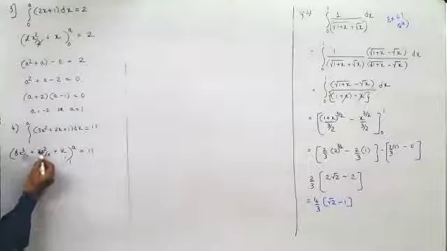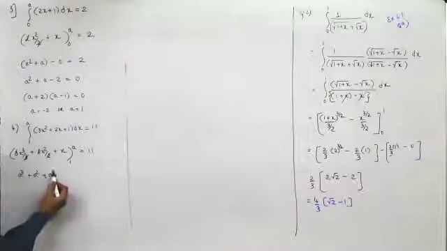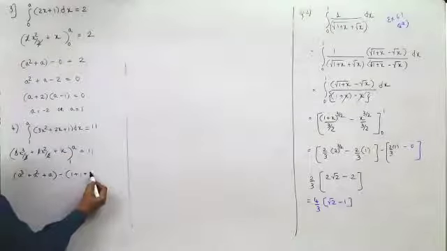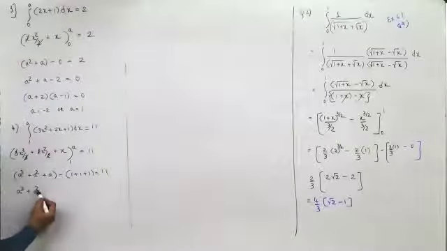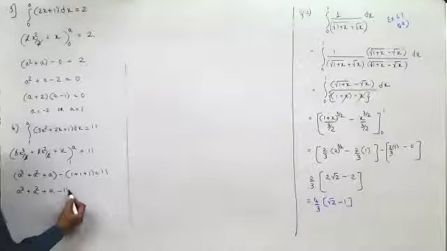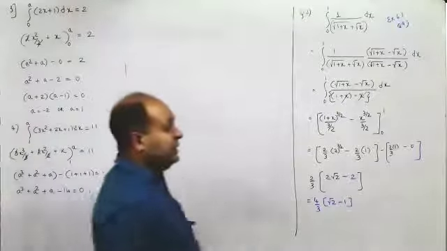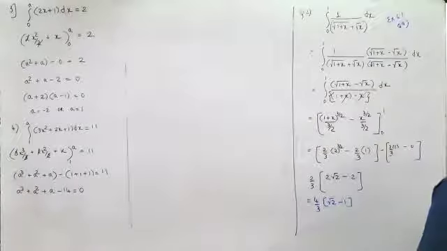Now this and this get cancelled. When I substitute, I'll get a cube plus a square plus a, here minus 1 plus 1 plus 1, is equal to 11. So I'll get minus 3 minus 11. I'll get a cube plus a square plus a minus 14 equal to 0. Now, whenever you get a cubic equation, you will have to find the first root by using.